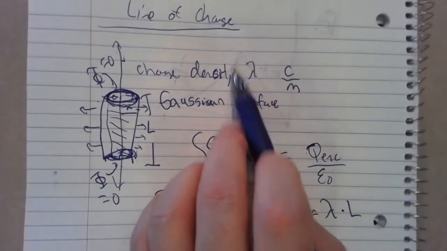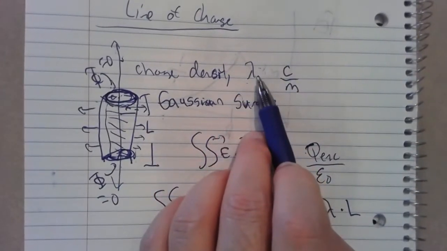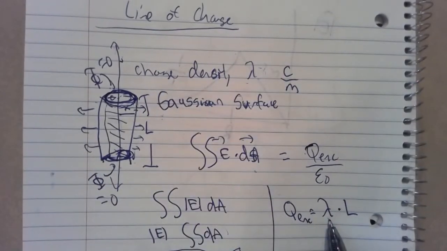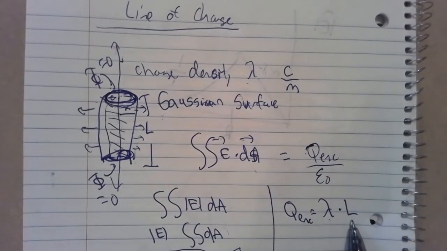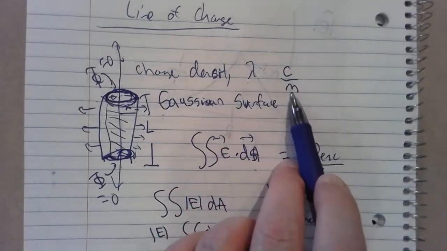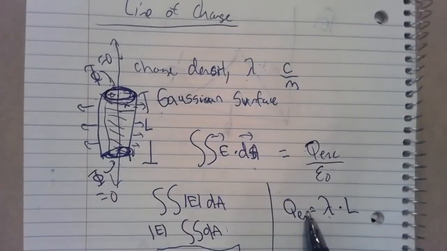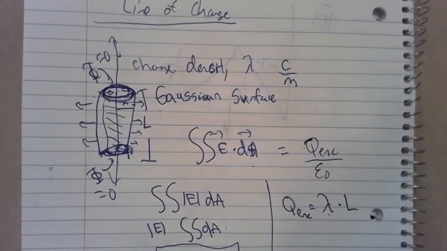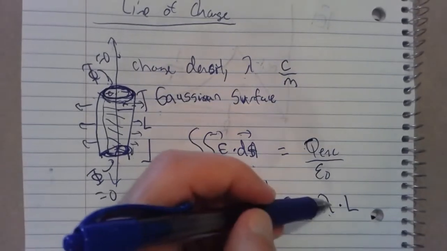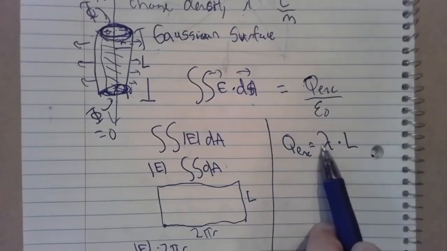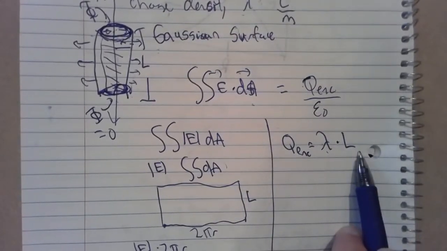If I have a volume charge density, then charge enclosed will be density times volume enclosed. If I have an area charge density, charge per square meter, then charge enclosed will be density times area enclosed. Here it's density times length enclosed. So my charge enclosed is lambda L.